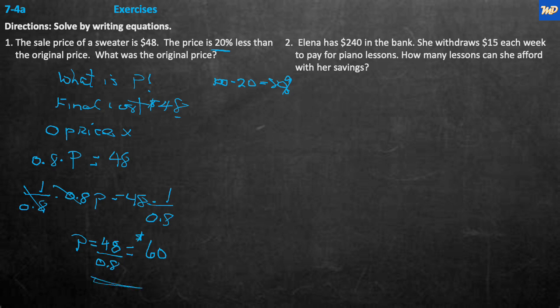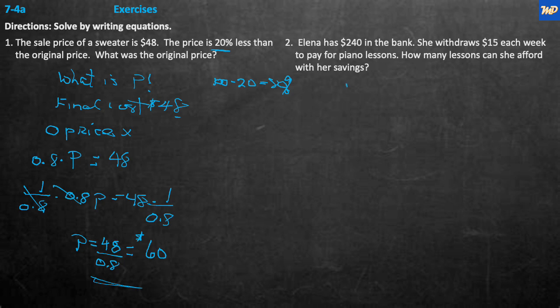The second problem, Elena has $240 in the bank. She withdraws $15 each week to pay for piano lessons. How many lessons can she afford with her savings? So she has $240, so that's understood. And what does she want to know? How many lessons? Let's do N for number of lessons.